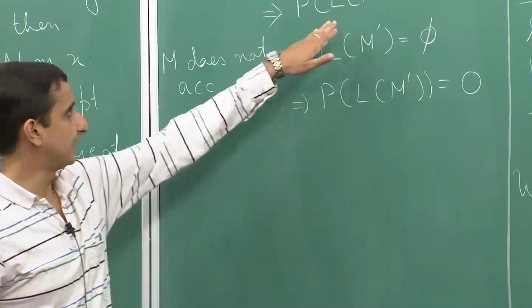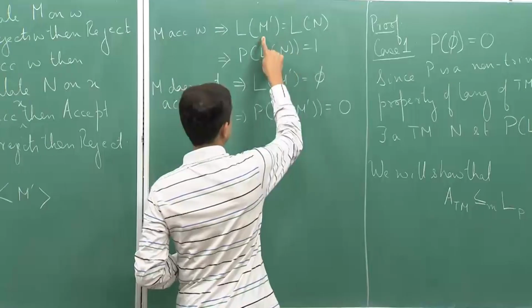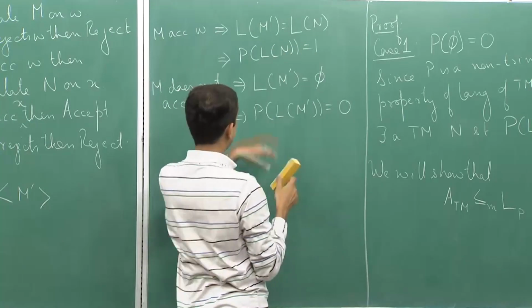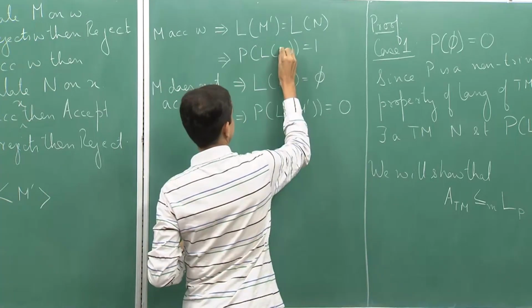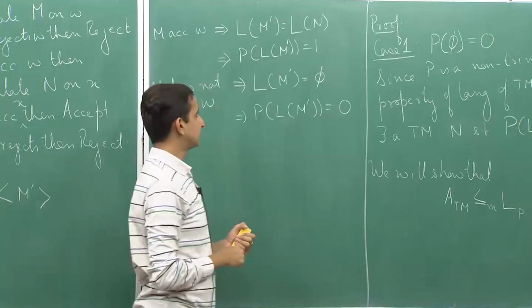So, here actually what I should say is that since the language of M prime and the language of N are the same, therefore, P of L of, instead of N, I can write this as M prime also is equal to 1.